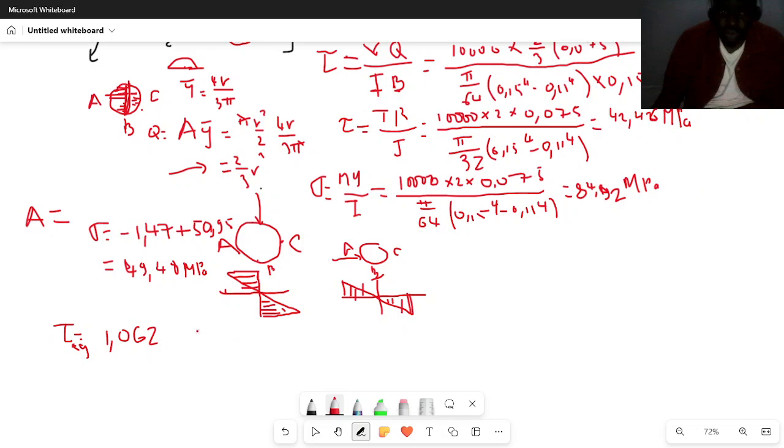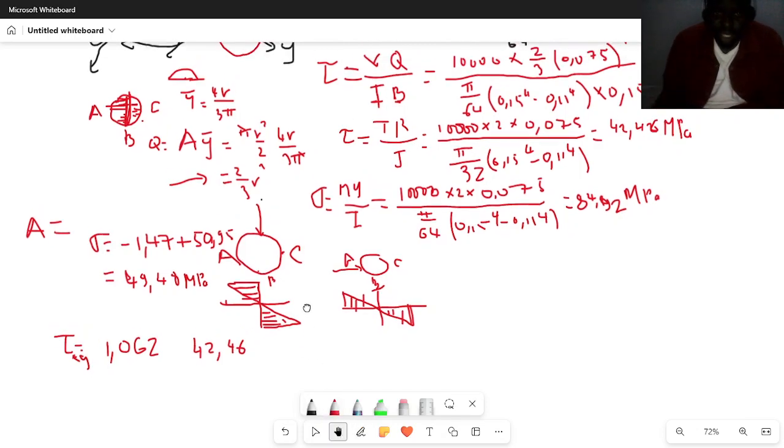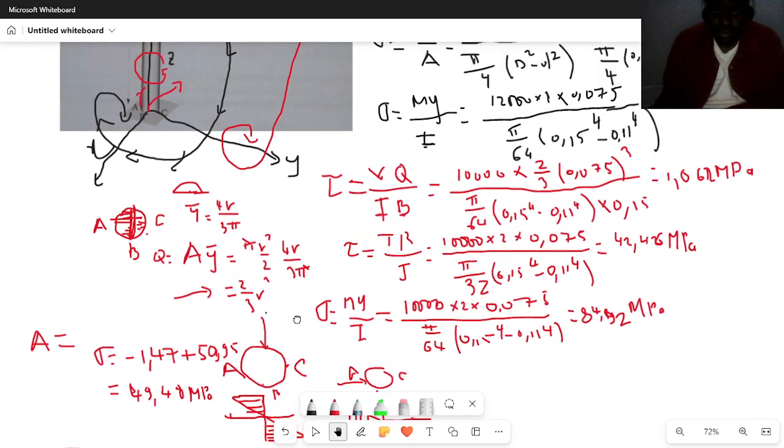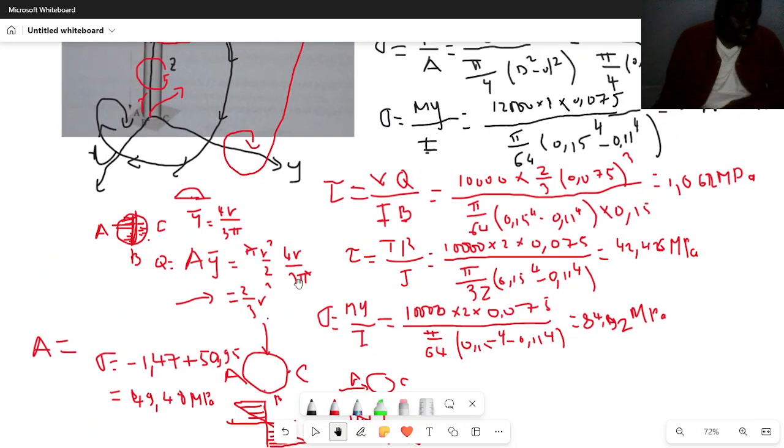This one is 42.46. Again, we are having a problem with the signs here. Are they adding or subtracting? This is where we still use the right-hand rule, which is very important here.